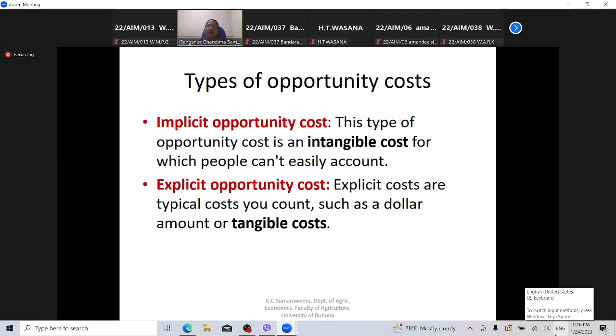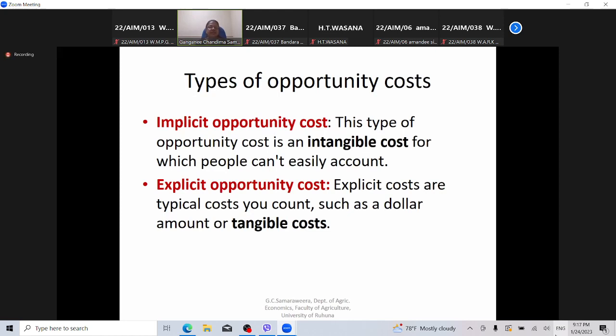So if we quantify these qualitative characteristics, it is called implicit opportunity cost. Okay. But explicit opportunity cost means the tangible cost. As I explained, this much rupees, this much dollars, this much yuan or yen or any other monetary terms. Okay. So these are the tangible costs.